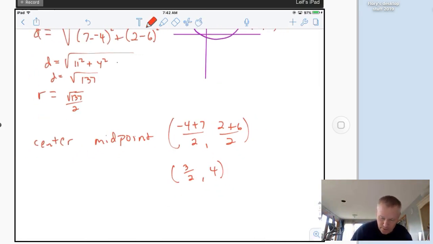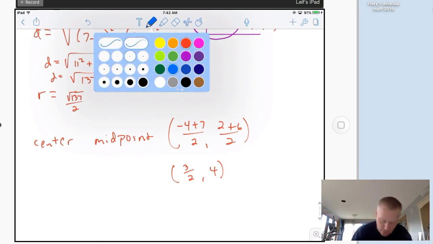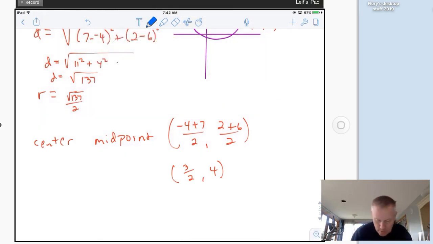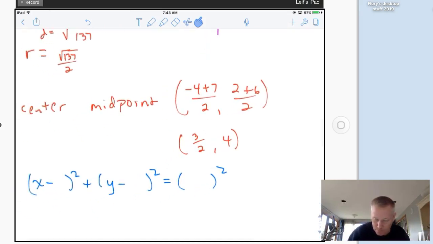And now I can plug all this stuff into the circle equation. So it's x minus h squared plus y minus k squared equals r squared. Okay, so r is the square root of 137 over 2.